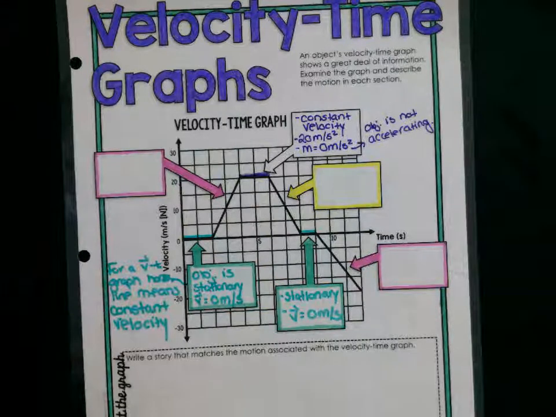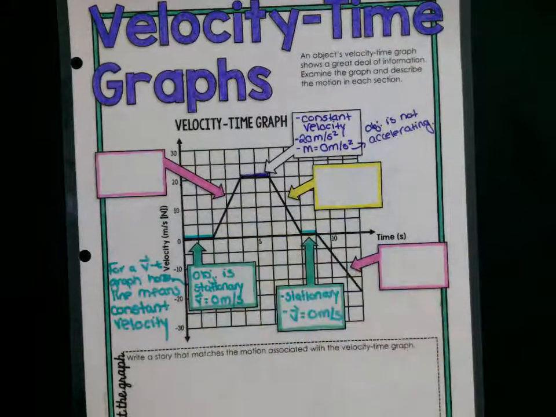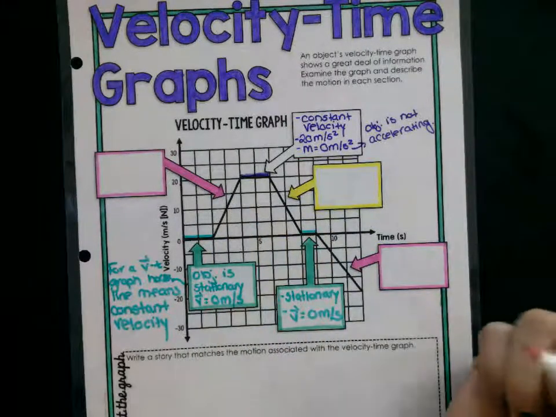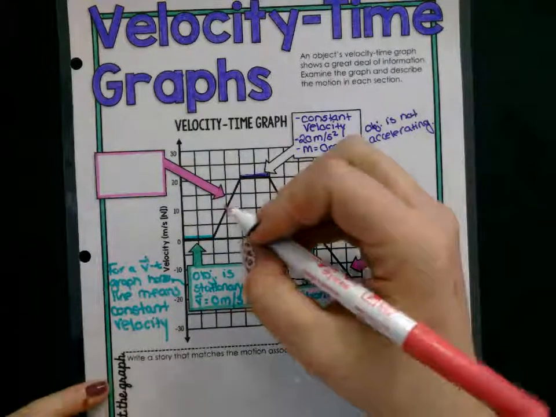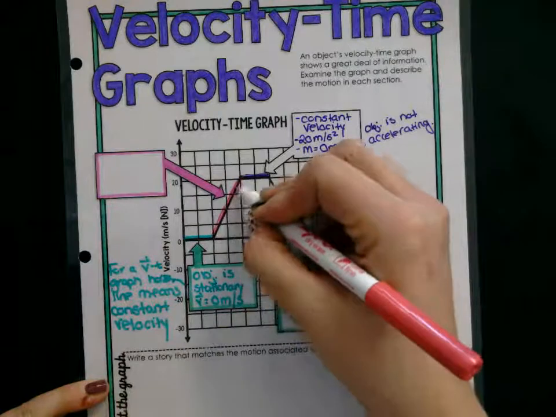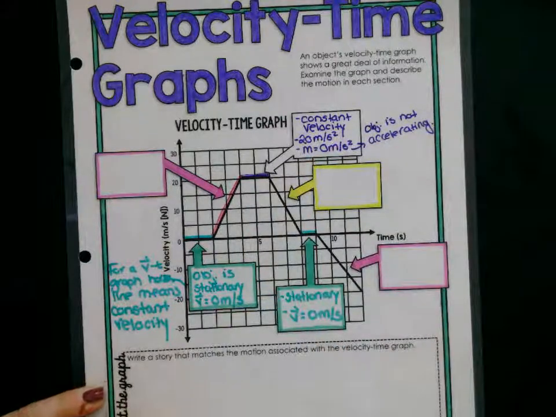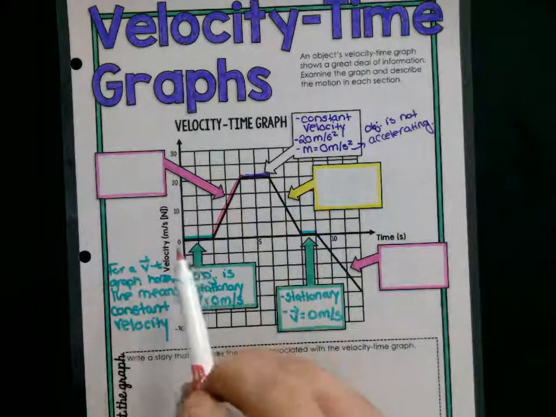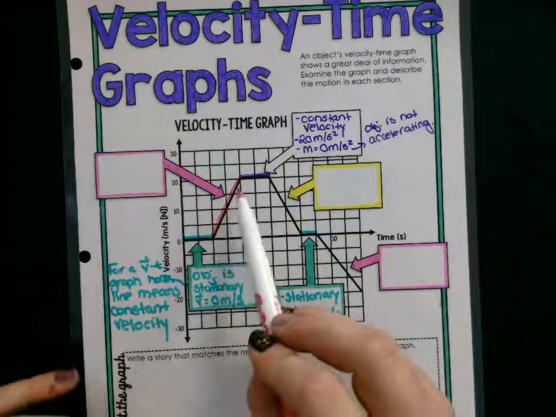All right. So the next piece of the graph we're going to look at: I've dealt with all my horizontal lines, dealt with all my slopes being 0. I'm going to look at this right here. The object is accelerating, right? The velocity is getting bigger and bigger and bigger.